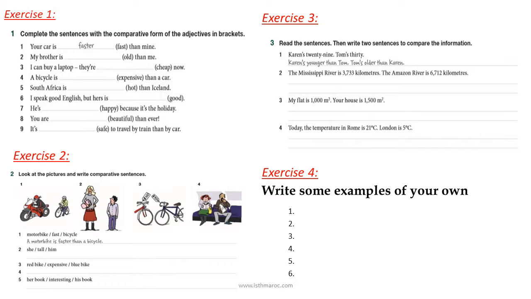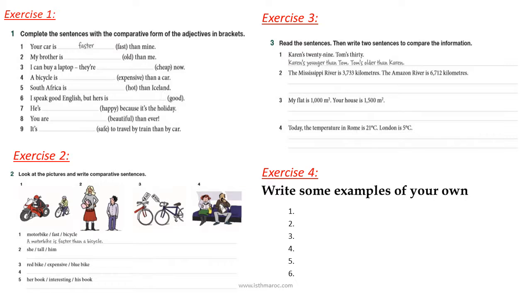Exercise 2. Look at the pictures and write comparative sentences. Pay attention to the pictures and try to make comparisons. Exercise 3. Read the sentences, then write two sentences to compare the information. The sentence is divided into two parts, and you are going to use the adjective to combine the two sentences.